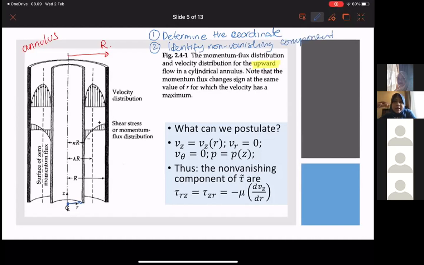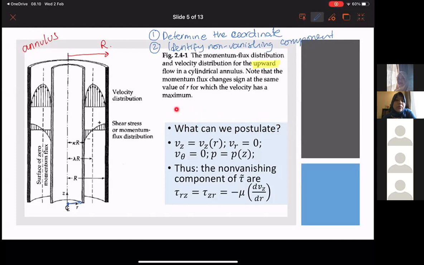Remember, I always write the steps down, because in the exam every step would be asked, and if you miss one step you lose the points. So be careful: if you don't determine the coordinate, or you draw a different coordinate, it would be wrong as well. So first, what can we postulate?